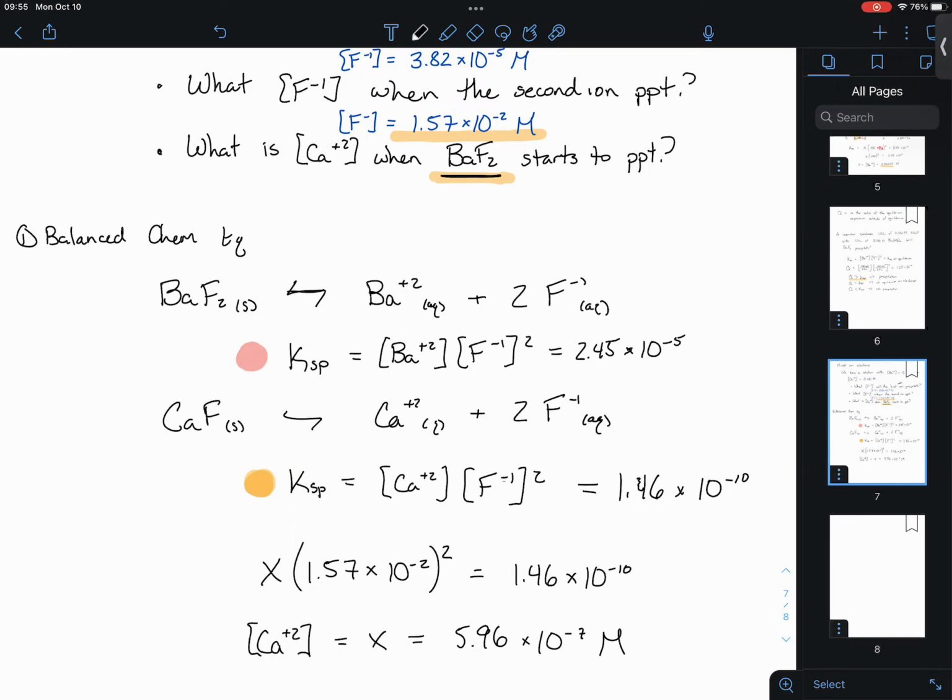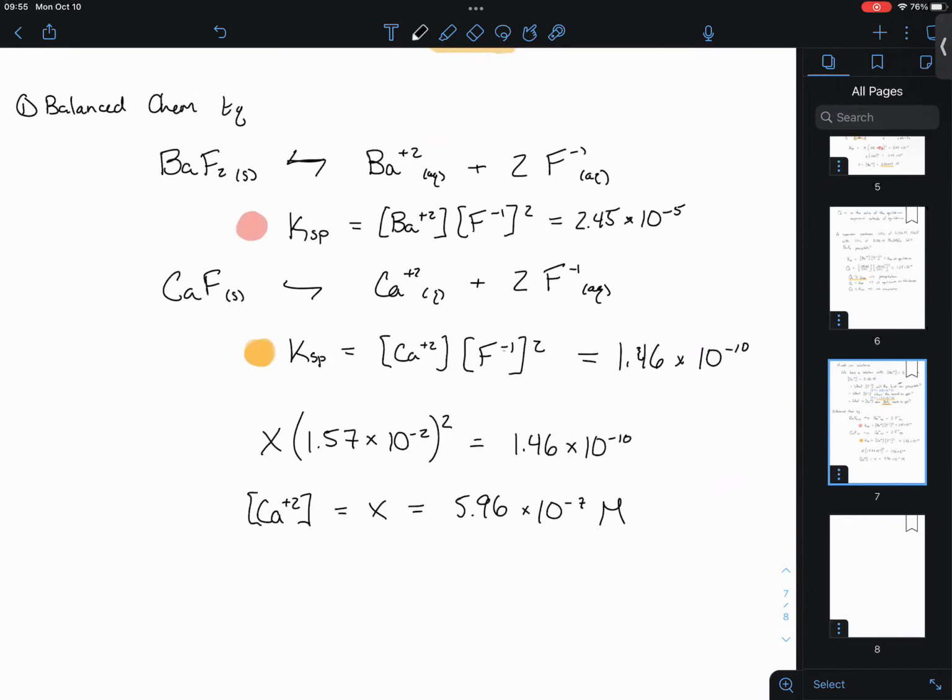Right, and considering we started out with a concentration of calcium ions that was initially 0.1 molar, now we're all the way down to 5.96 times 10 to the negative 7 molar. This is like a ridiculously small concentration of calcium that's left over.